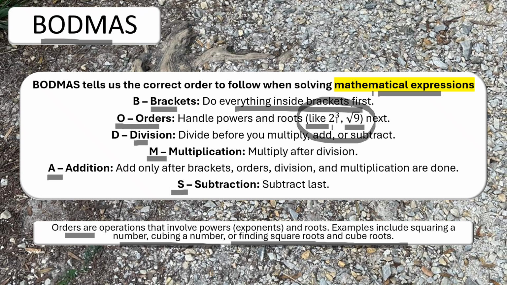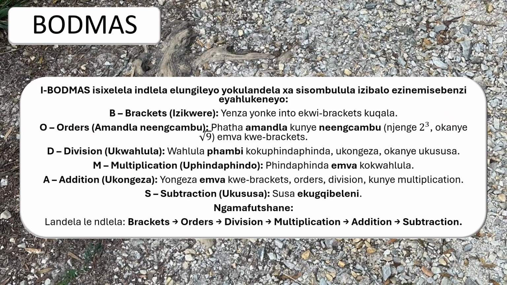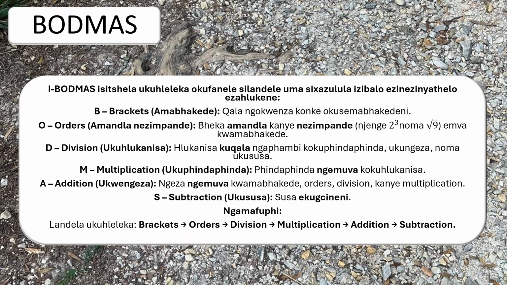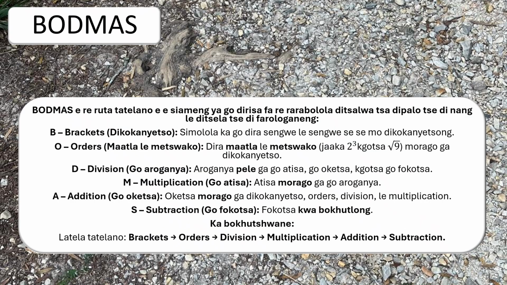So when you solve an expression, this is the order you solve the expression in, and I think you have all heard of BODMAS. There's BODMAS in isiXhosa, BODMAS in isiZulu, BODMAS in Setswana.